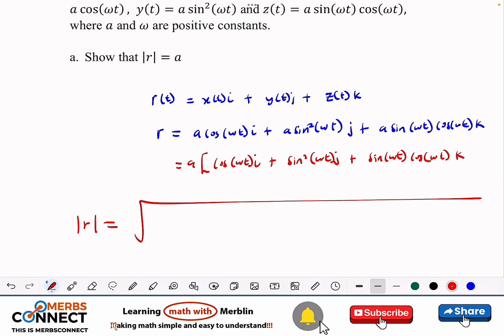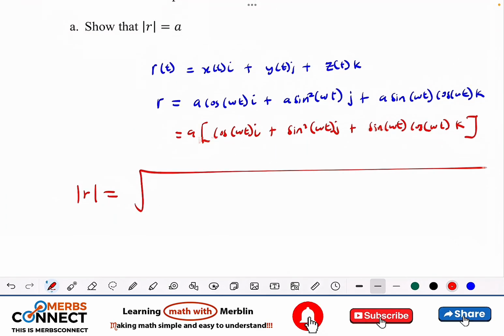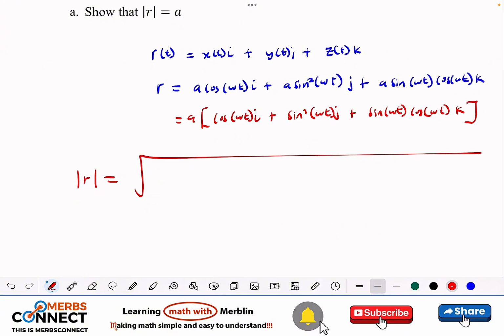When you are dealing with this, anytime you see a constant and you are finding the magnitude, you can just bring the constant out. Since this one is a constant, I'll just bring it out, so I'm going to have just a out.